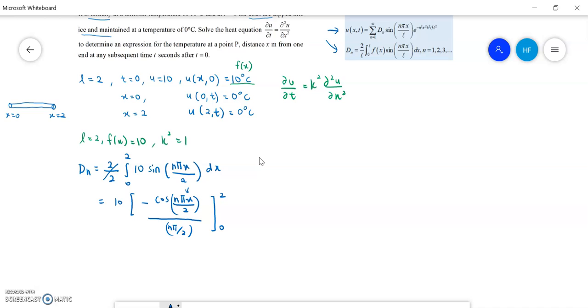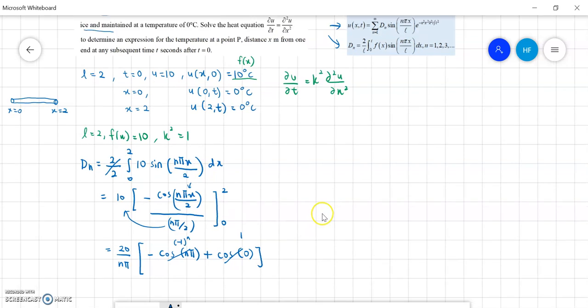Next, substitute x with 2 and 0, and I bring this to the front, where this will become 20 over nπ times negative cos(nπ times 2 divided by 2, which is nπ), minus negative, which will be positive, cos(0). Cos 0 equals 1, and cos nπ can be negative 1 to the power of n.